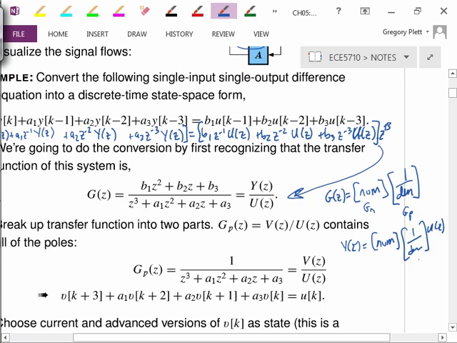That's really what's happening. So we apply the denominator to the signal first, apply the poles first, and then we apply the numerator to the result, and we get the output.